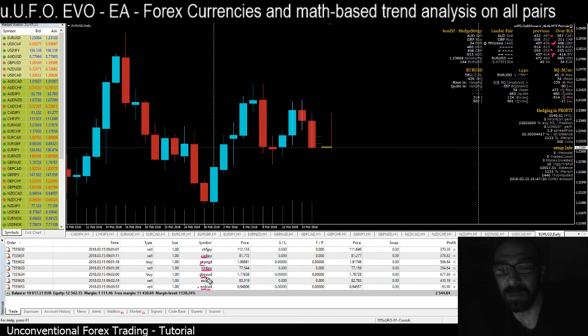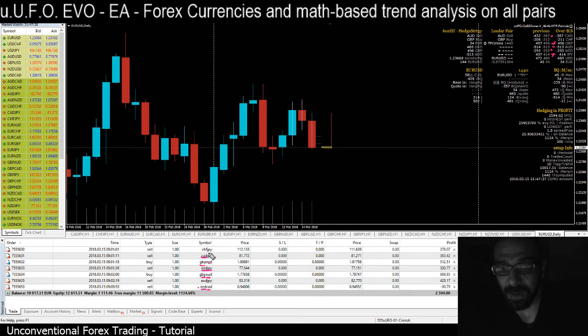Here we have GBP Aussie in buy, so we buy GBP and we sell Aussie, and Aussie is negative, and GBP is positive. So positive means strong and oversold, and vice versa. Negative is weak and overbought.